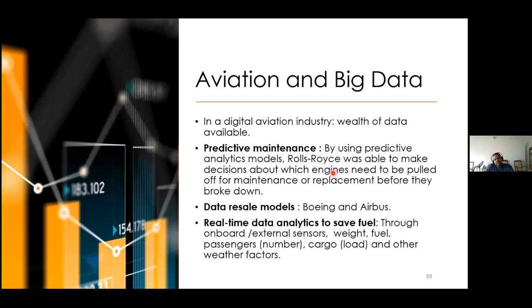So in terms of costing, of course, you will save on the fuel, but in terms of risk also, you will avoid certain situations because you are using multiple data points to make a decision, not just one or two data points, right? So this is another area where a lot of advanced models are used: real-time data analytics for fuel saving. Fuel is a very expensive thing in the airline industry, I don't have to tell you guys. So that's another thing that they are using.